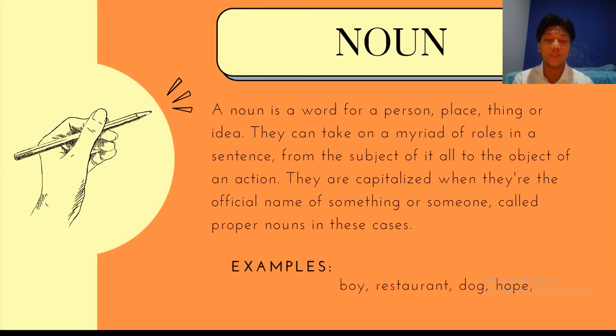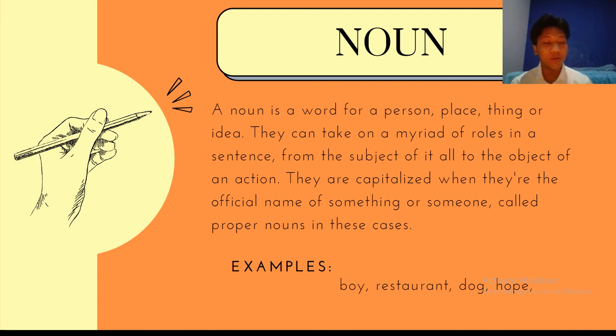Right, we start with the first one, which is noun. A noun is a word for a person, place, thing, or idea. They can take on a myriad of roles in a sentence, from the subject of it all to the object of an action. They are capitalized when they are the official name of something or someone, called proper nouns in these cases.